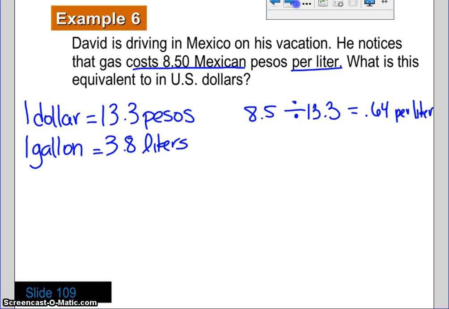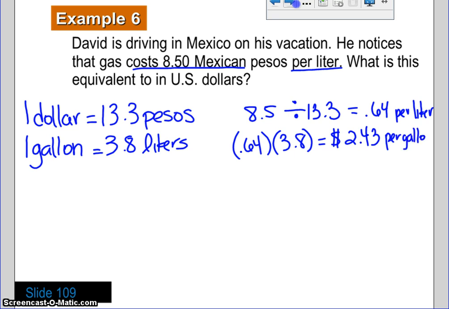The next step, we're going to take that 64 cents and multiply it by the 3.8 liters to get that converted over into gallons. And we see that he paid $2.43 per gallon.